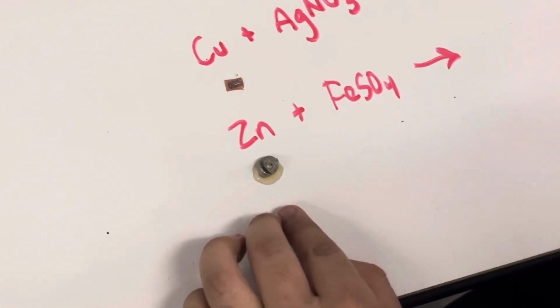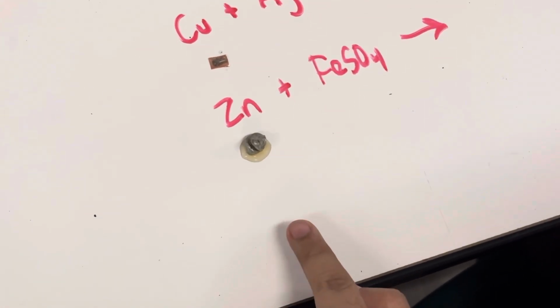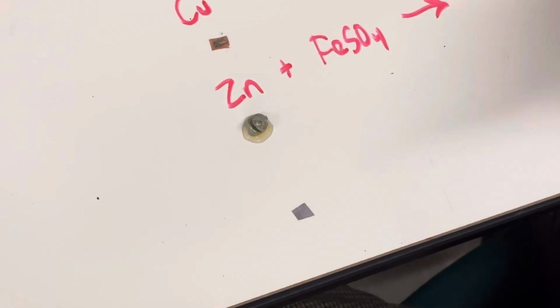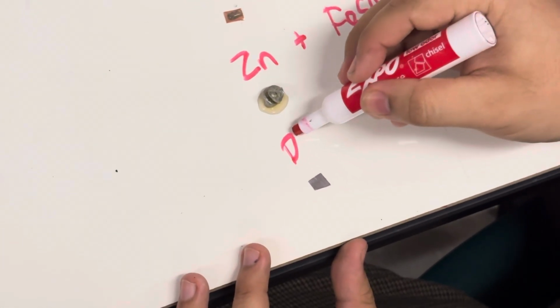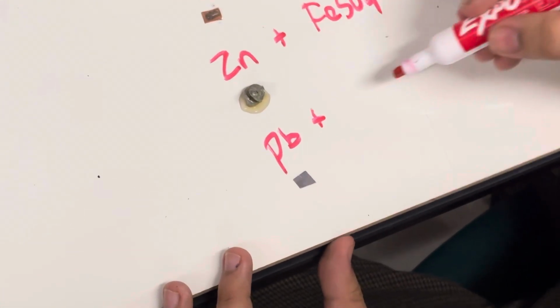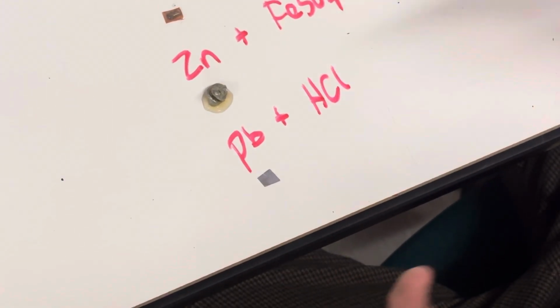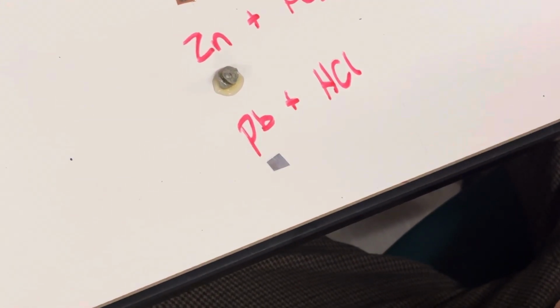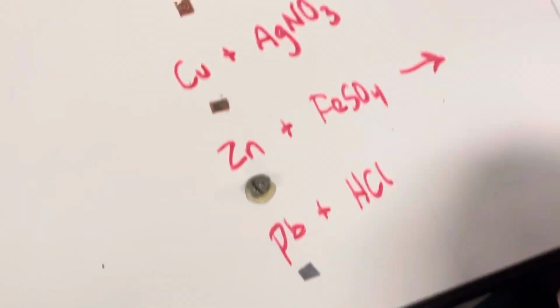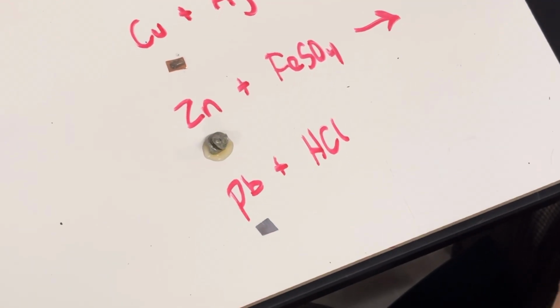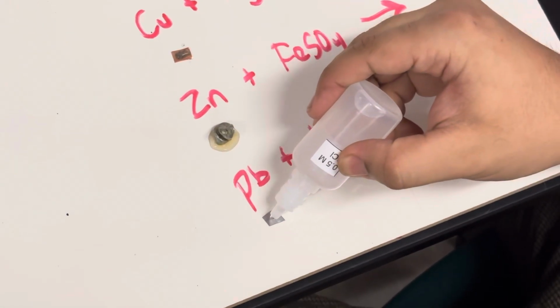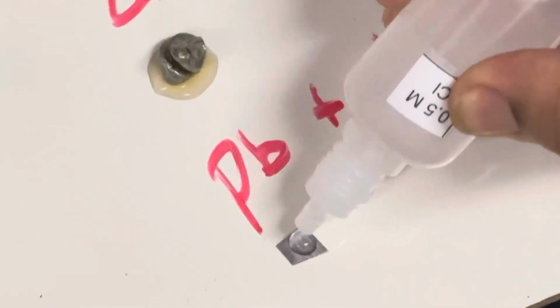Let's try another one. This is lead. And I'm going to try to react lead with hydrochloric acid, which I have right here. Now this one, you're going to have to really zoom in. I happen to know that this reaction does in fact happen, but it is incredibly slow.